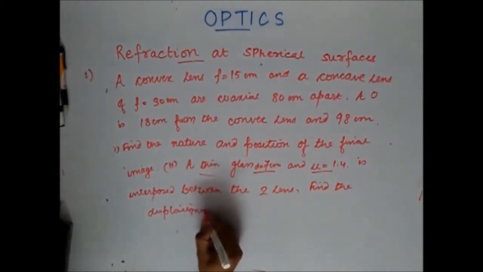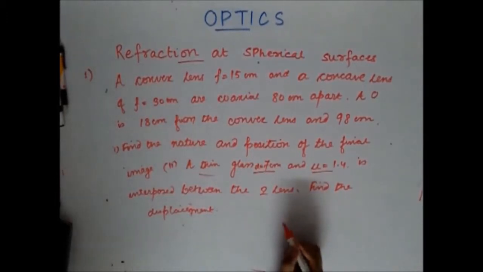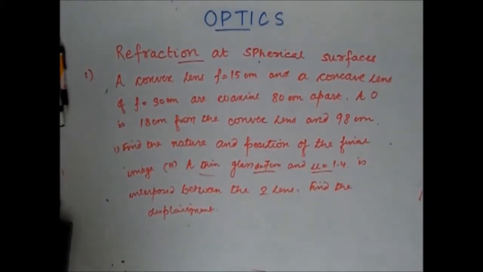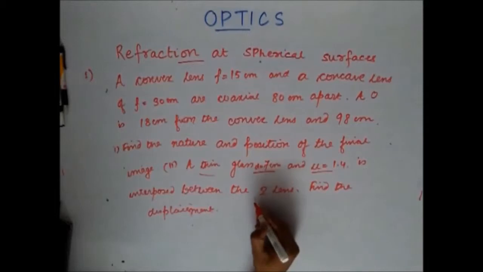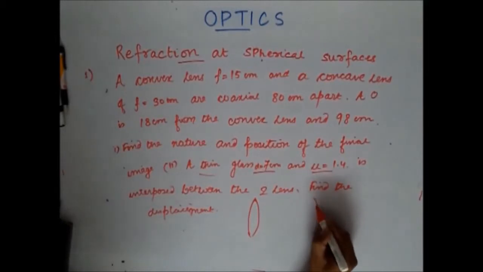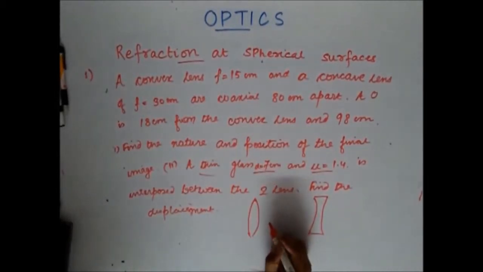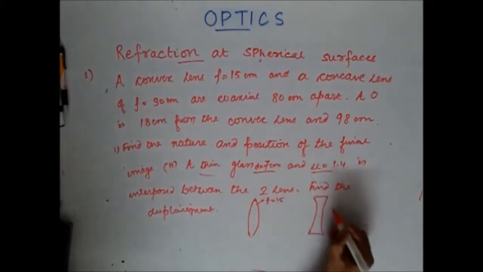Find the displacement. Okay, so now let's draw the figure so that you understand the question properly. The question mentioned that you have a convex lens and a concave lens. The focal length of the convex lens is 15. This has a focal length of 30.